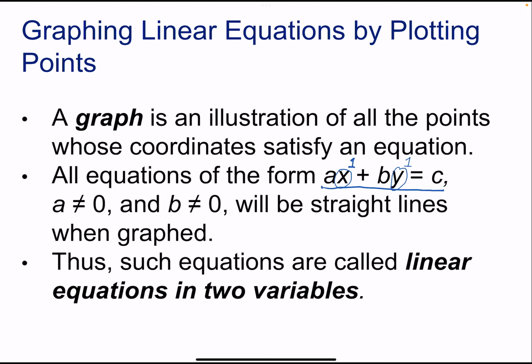Now, a graph is the collection of all points whose coordinates satisfy an equation. In particular, for the linear equation ax plus by equals c, where a and b are not equal to 0, its graph is always a straight line. It'll become very clear later.